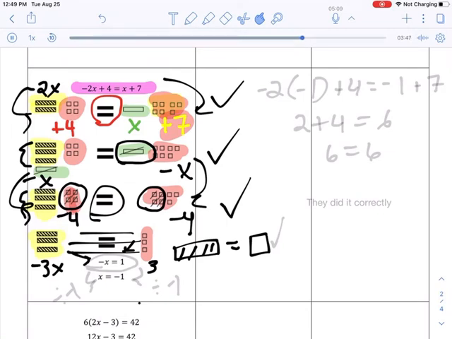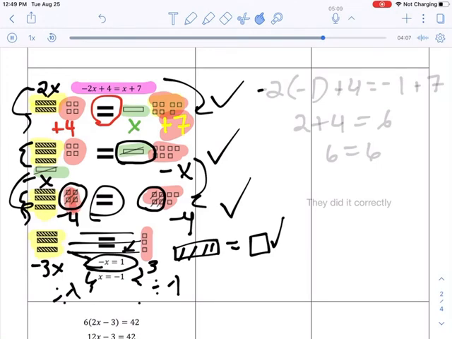So this is actually a correct step as well. Again, it's kind of confusing, but you guys, you've got it. You're working it out perfectly. From here to here, I've just divided both sides by negative 1, which is good, and that's how I'm getting that x equals negative 1.